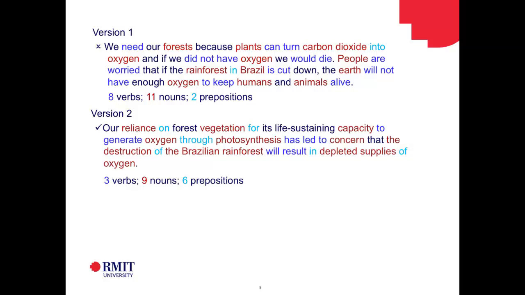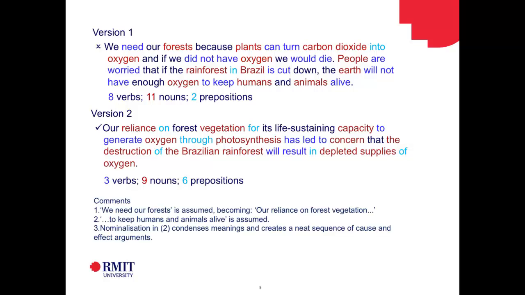And you can also see how the verbs or action words demonstrate clear relationships between the ideas in the sentence. Generate, has led to, will result in. This is a kind of chain of cause and effect. Now, this chain is not evident in that first version. Pause the video now if you'd like to make a closer comparison.